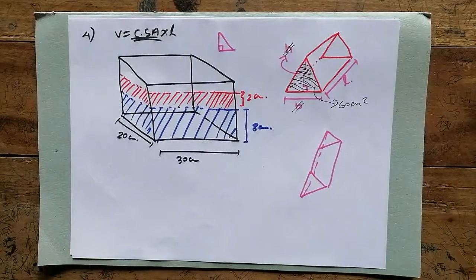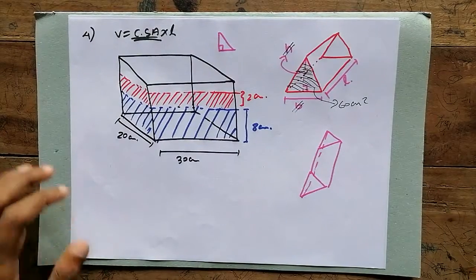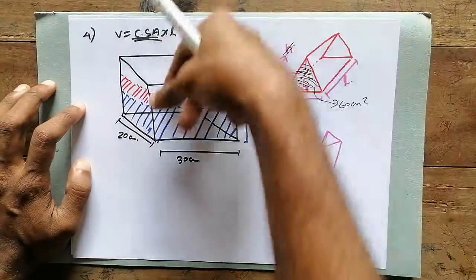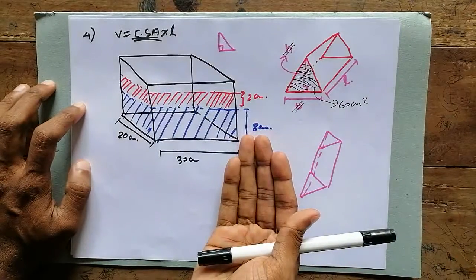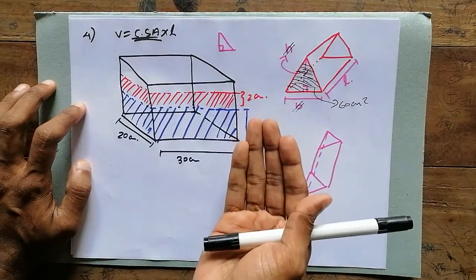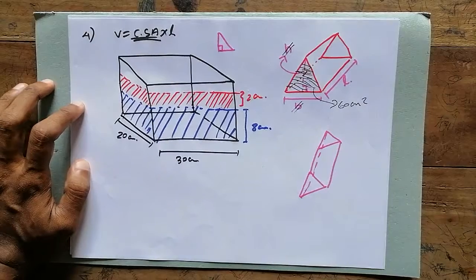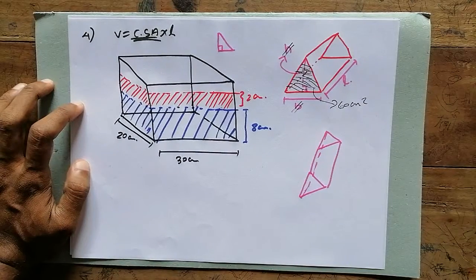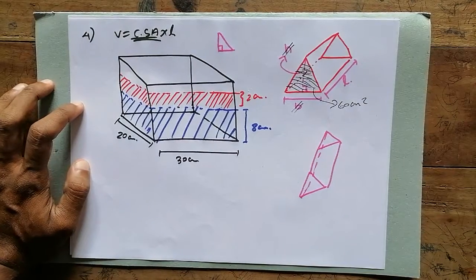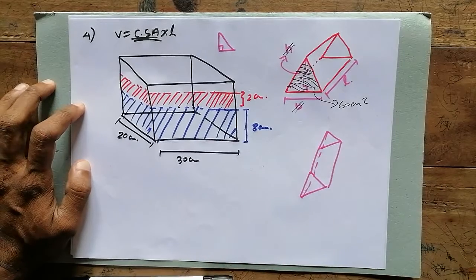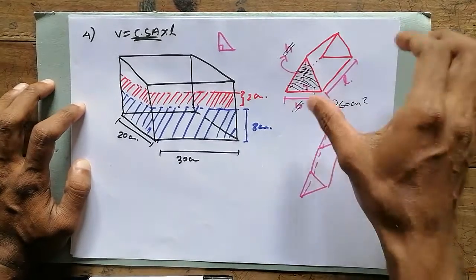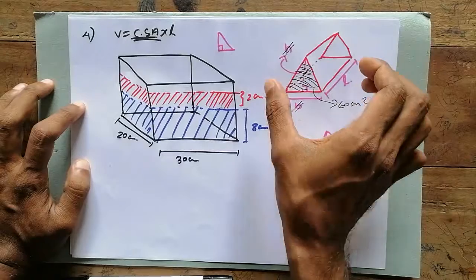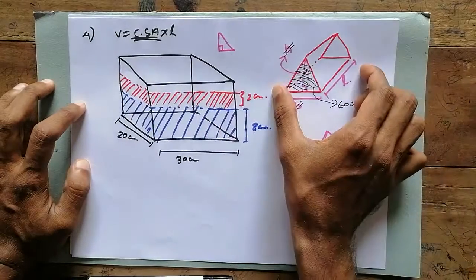The next part: when this prism is dropped, the level of the water is raised by 2 centimeter. Then find the perpendicular height of the prism. Perpendicular height of the prism is the length. I kept this prism on a horizontal surface.